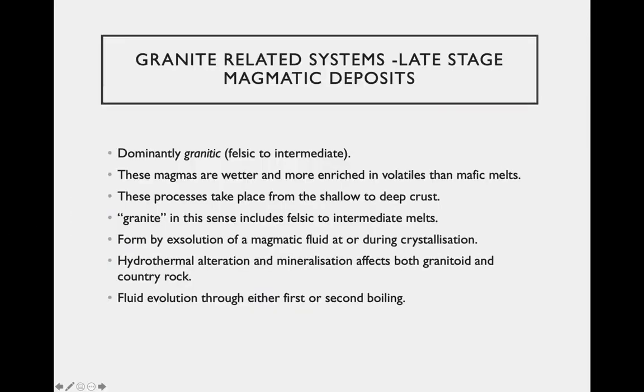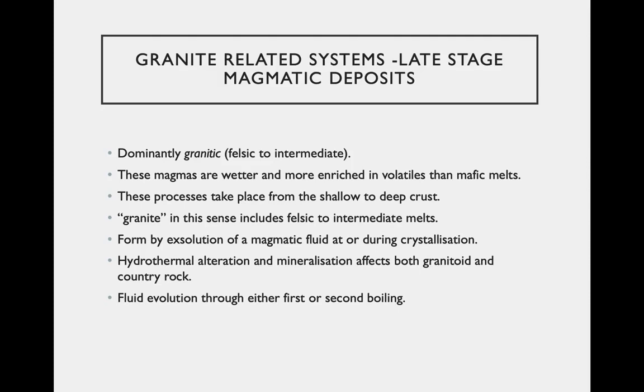Sorry, my apologies. So, granite-related systems. As the title suggests, they're dominantly granitic. So most of the time, these magmas that are rich in metals are felsic, because that process of going towards a felsic magma concentrates the metals. They're incompatible. They don't generally like being in minerals, so they stick in the silicate liquid, and that concentrates to the felsic end member.